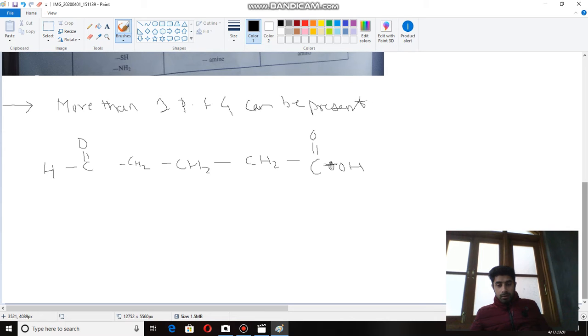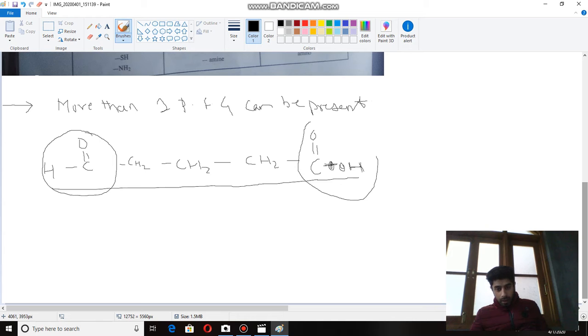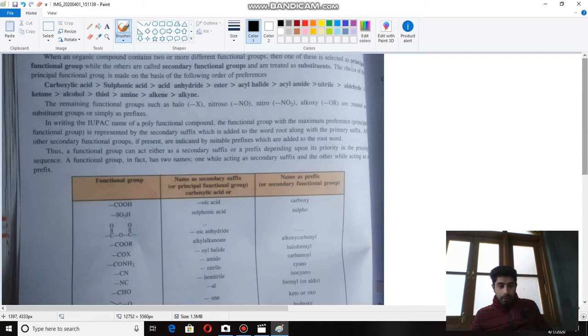See how to name these types of compounds. There are two functional groups, both are principal functional groups, this and this. Now which one to give preference? For this I have tried here, you can see these are the preferences.